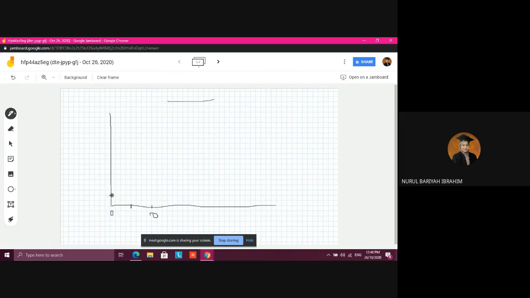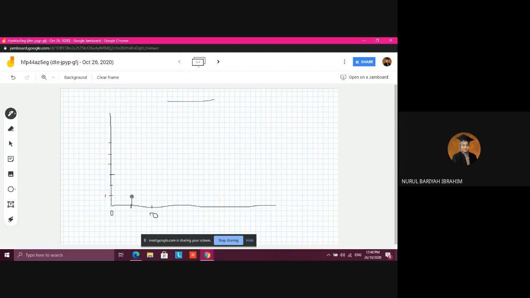So, I ambil 2 petak ni sebagai 1, 2, 3. Scale kena buat betul-betul, okay. Supaya nanti bila you nak calculate the mean and the median, dia tak lari. You akan dapat the exact value. Okay. 1, 2, 3, 4, 5, 6.